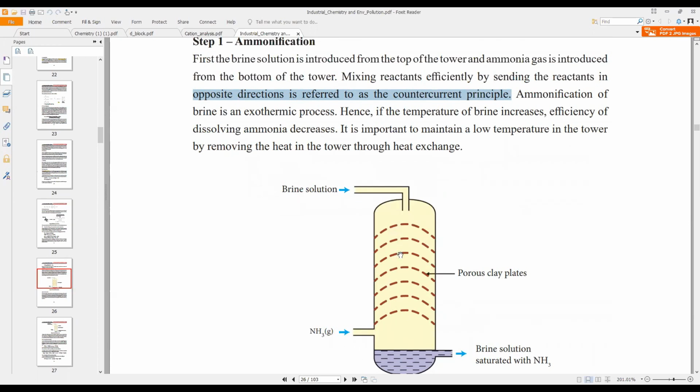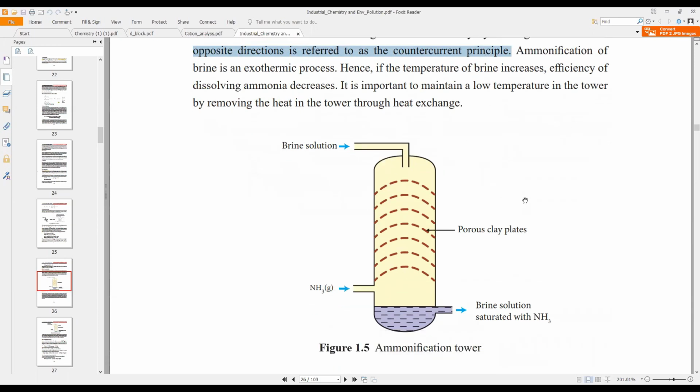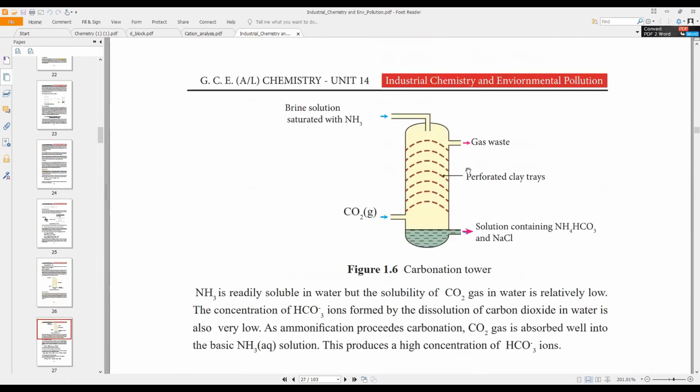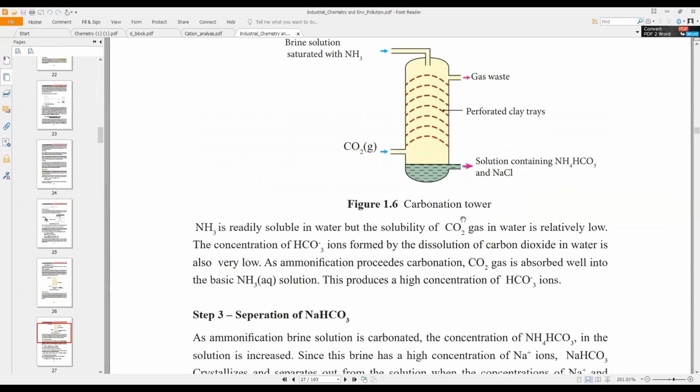If you send both from the top, there is less time and less interaction between the reactants. The counter current principle allows efficient interaction of the reactants, making a good yield. We use this in one tower as well as in another, because we normally use two towers.